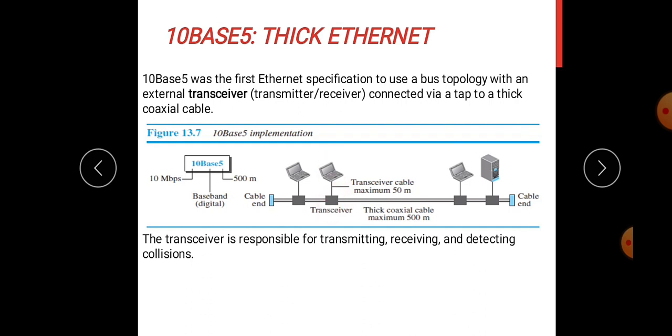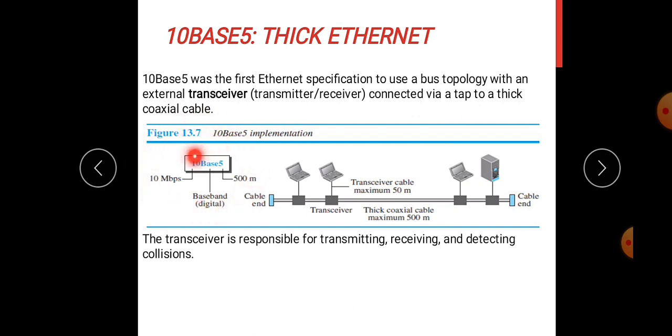This means that the collision can only happen in the coaxial cable, because in the coaxial cable multiple stations will try to send the data. The maximum length of the coaxial cable must not exceed 500 meters, otherwise there is excessive degradation of the signal.